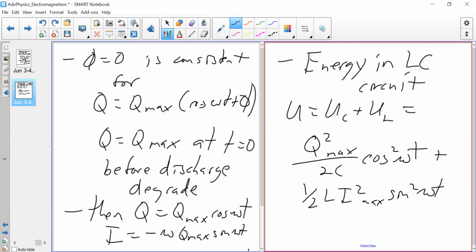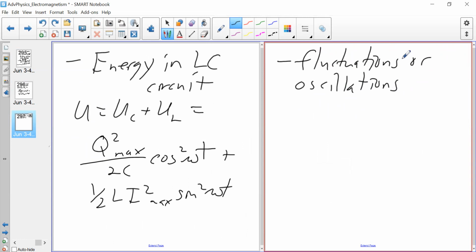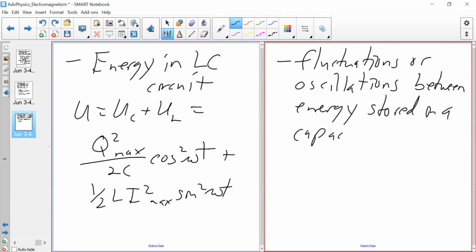Now, let me add another bit before we get there. Fluctuations, oscillations between energy stored in a capacitor and an inductor. Okay, there are going to be fluctuations.